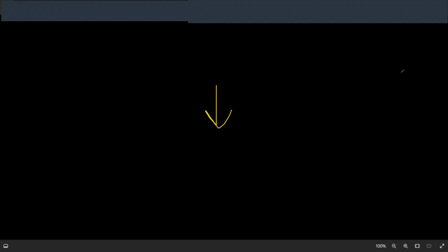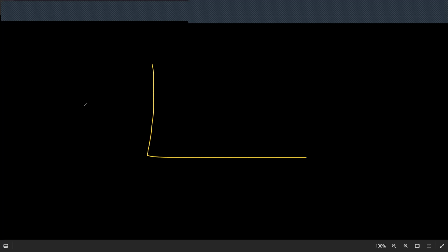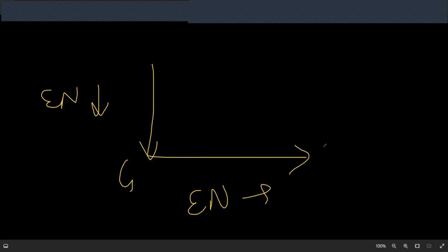This trend is primarily due to increasing atomic size and greater shielding effect. So going down, atomic size increases, so EN decreases. So basically, let's take it like this. Here, EN decreases. Here, EN increases. This is group and this is period.